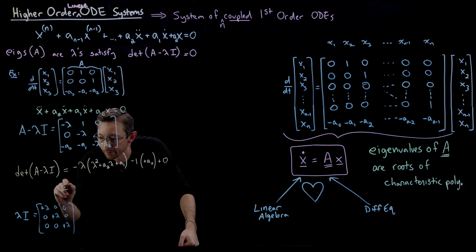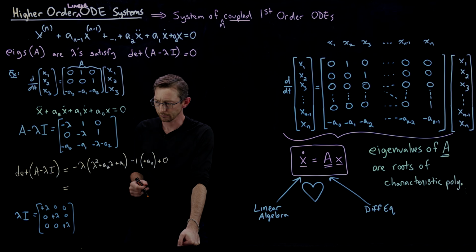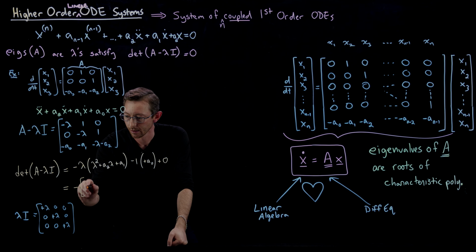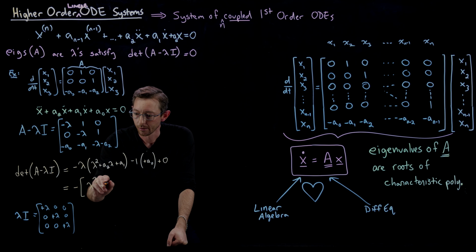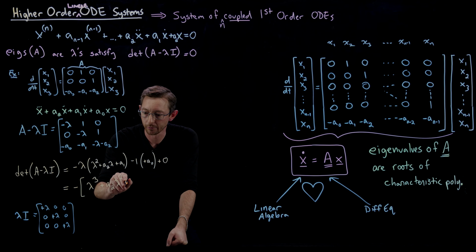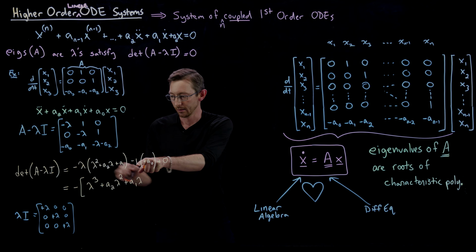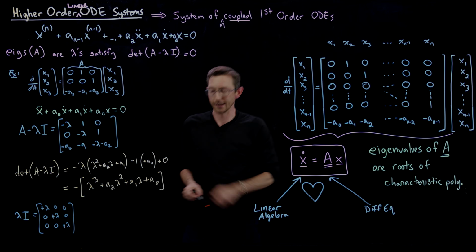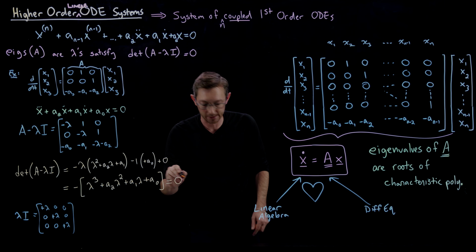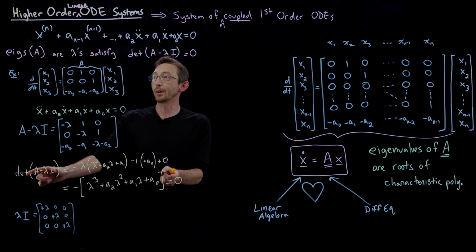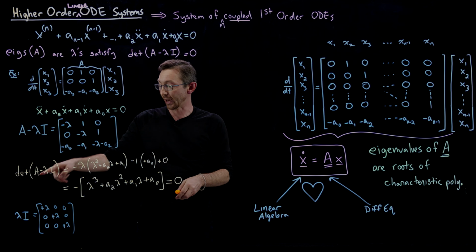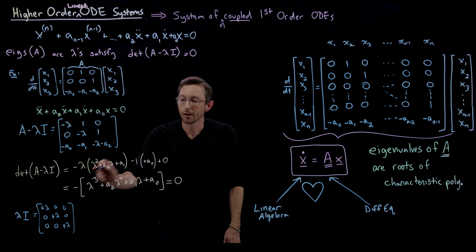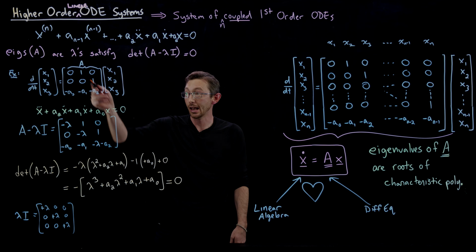And if I didn't mess up, that equals, everything has a minus sign, so I'm just going to say minus, lambda cubed plus A2 lambda squared plus A1 lambda plus A0, all of that. And this determinant has to equal 0. That's the condition. The determinant of A minus lambda I has to equal 0 for lambda to be an eigenvalue of A. So this is literally the equation for lambdas that are eigenvalues of this A matrix.